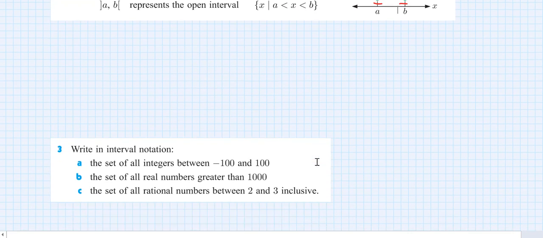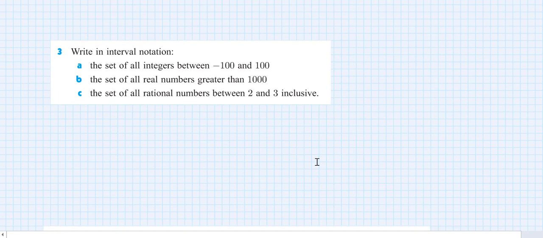Now, let's solve some problems from your book. For example, question number 3, again about the notation. Let's write the set, how it may look like: the set of all integers between -100 and 100. So my set with a curly bracket, x, an element of integers, such that x lies between -100 and 100.